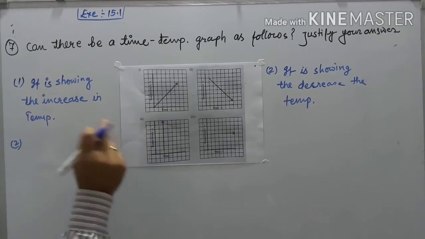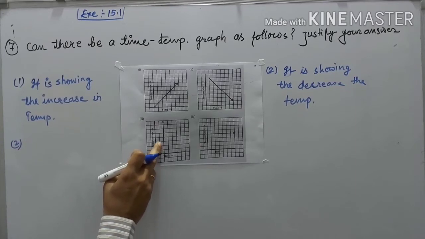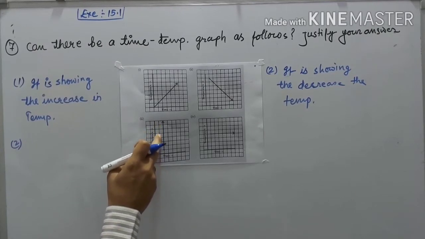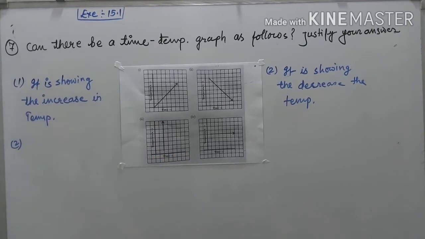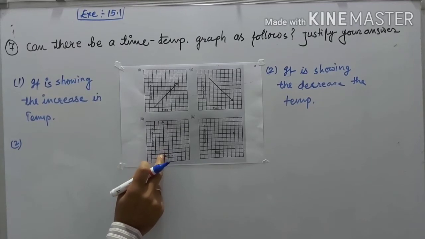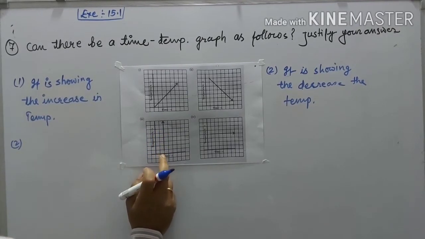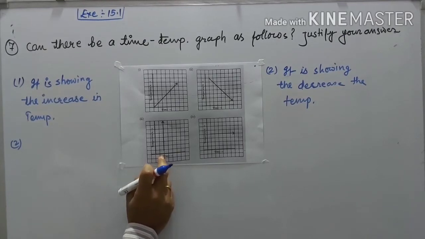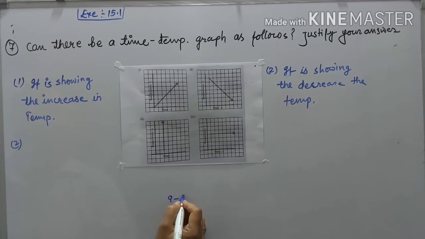And question number third, in the third graph the time is constant. Temperature is increasing but time is constant. Okay, so it is only one time, at that one time the temperature is increasing. Suppose the time is 9 a.m. and temperature increases only at 9 a.m., temperature increases 1, 2, 3, 4 and 10, and it is not possible.